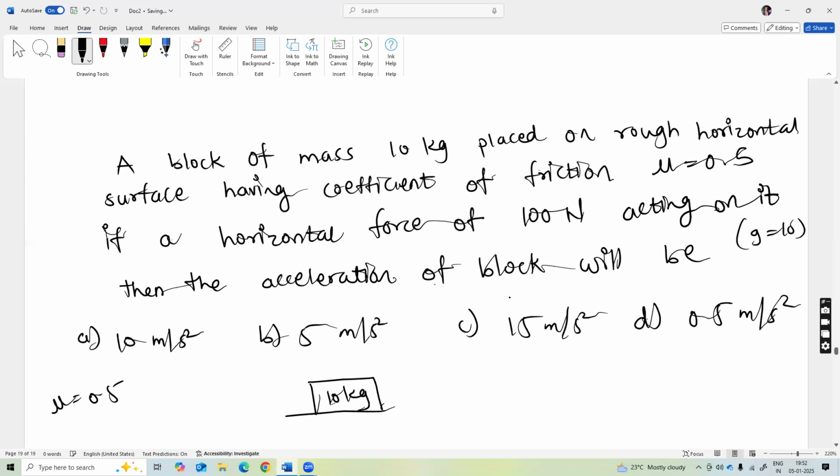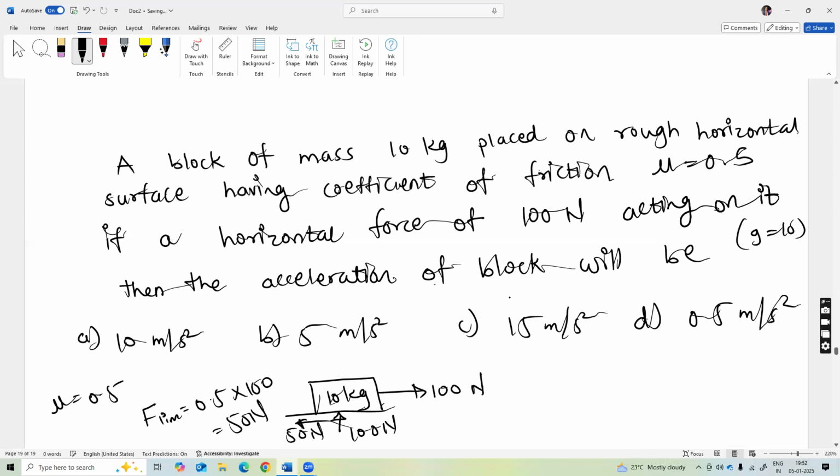So in this case, of course, the normal reaction of 100 Newton will act in the upward direction. So limiting frictional force will be 0.5 into 100. That will be 50 Newton. So that is the limiting frictional force. Now 100 Newton of force is acting on the block. So of course it is more than the limiting frictional force, which is 50 Newton.